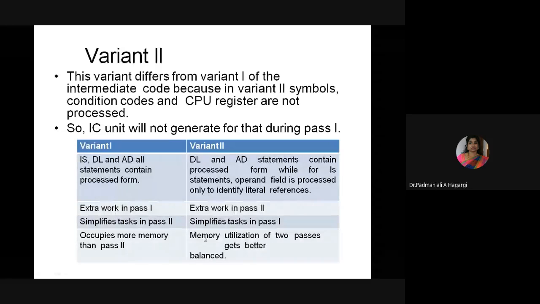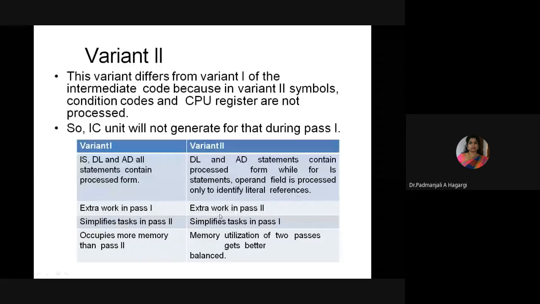In variant 1, the imperative statements, declaration statements and assembler directive statements all contain the processed form, whereas here the declaration and assembler directive statements contain the processed form, while for imperative statements the operand field is processed only to identify the literal references. Here the main problem is identifying the forward references and the literal references.